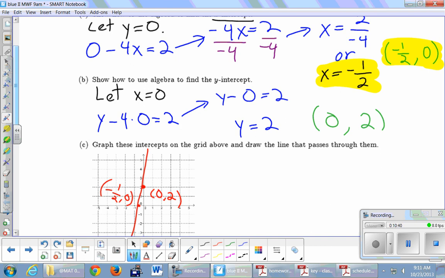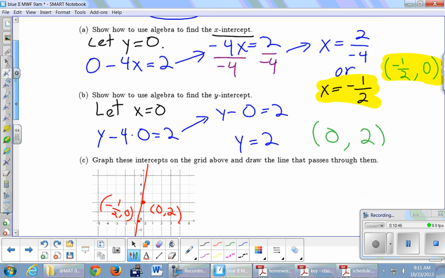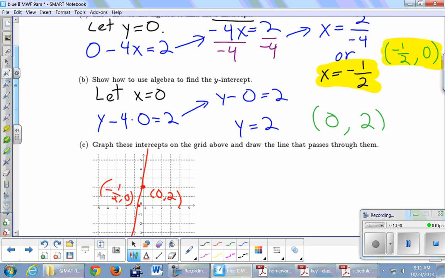All right, so I have two other things to say here, and then you guys will do the group work. So the first thing I want to say is that if you just write, let's circle these in red, if you just write x equals -1/2 for the x-intercept, that could be full credit. I still don't know yet. And if you just write y equals 2, that could be full credit. I don't know.